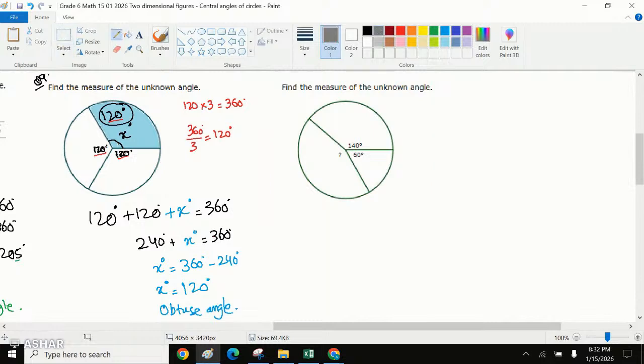Question number 10. If I say the missing angle is this angle, and we say this is y degrees, can you give me the answer for y? What is the answer?